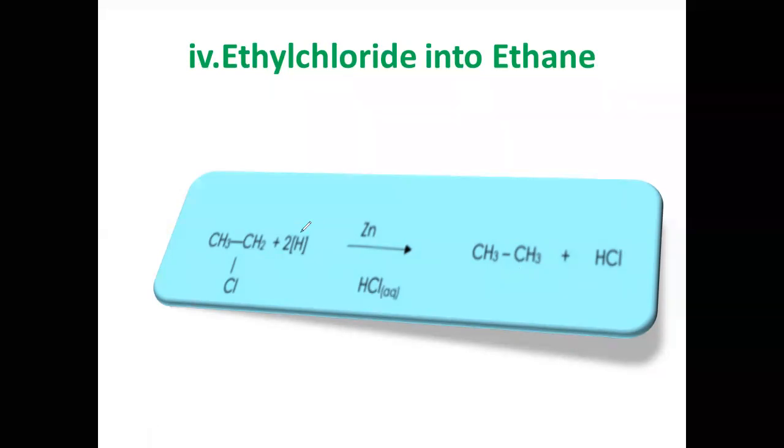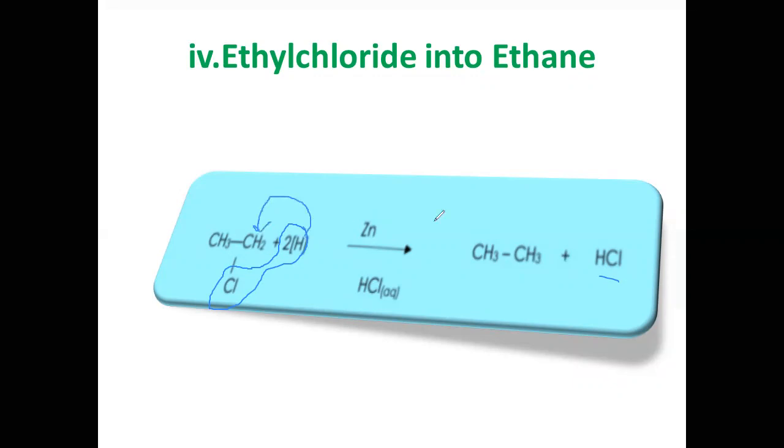One hydrogen atom will take the halogen with it and form HCl, and another hydrogen atom will replace this halogen.